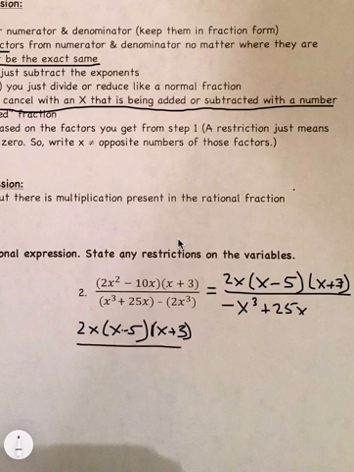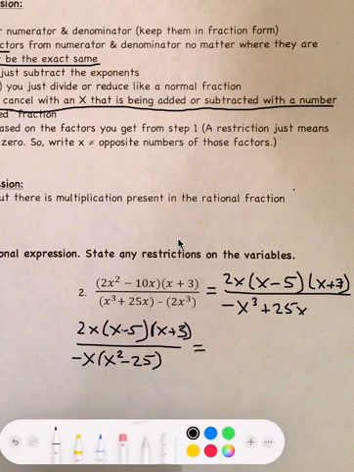The bottom, what I'm going to take out is a negative x. So I have negative x times x squared minus 25. Using the difference of squares, that just becomes x minus 5 times x plus 5.